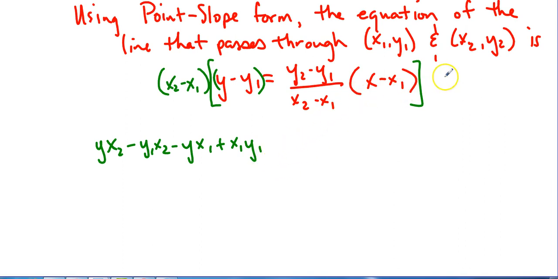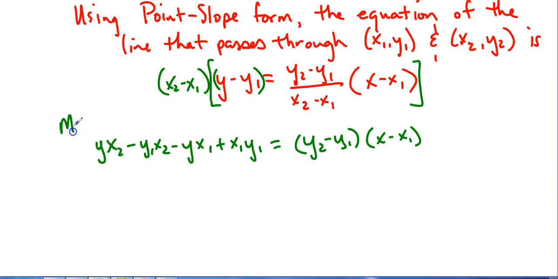My right side, this is really just going to cancel, and so I'm going to be left with the numerator here and then this quantity right here. So that's equal to y2 minus y1, that quantity, times x minus x1. So what did we do?